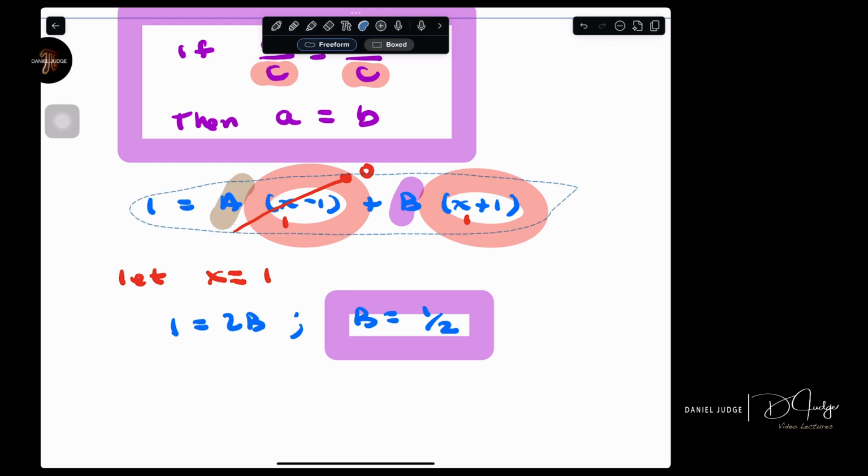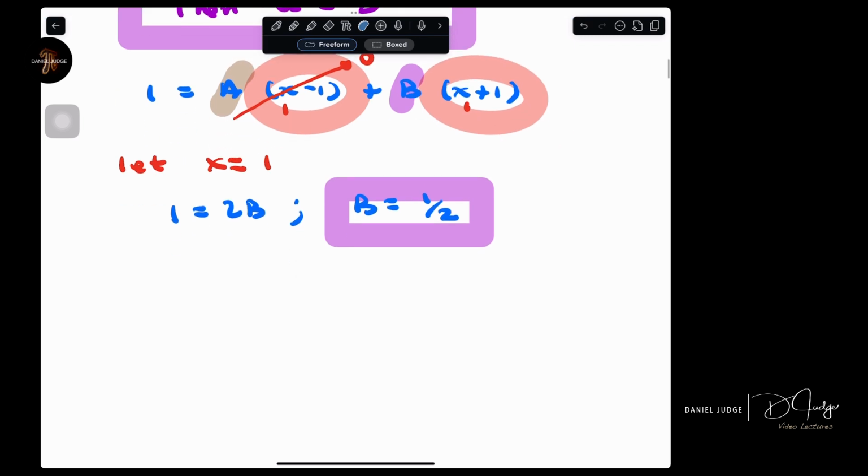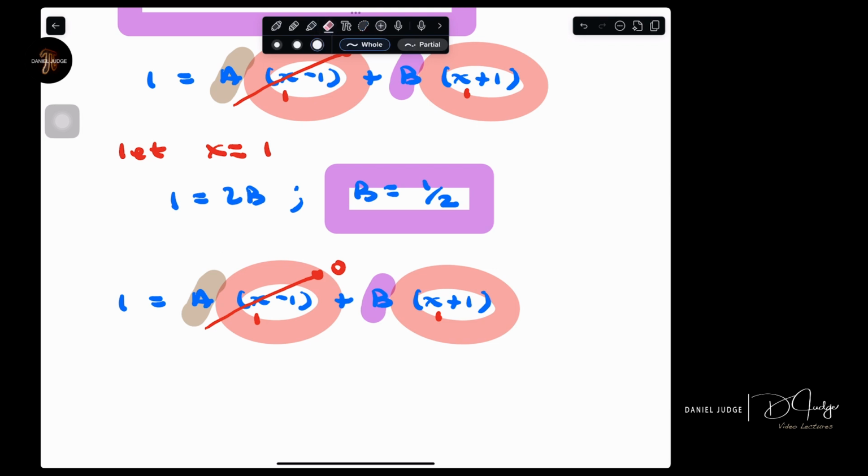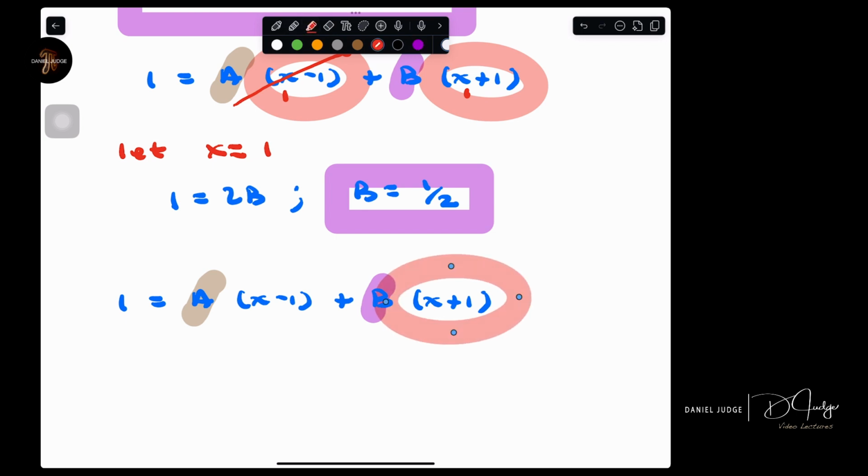Now, do this again. But this time, the value of x you want to use will be to zero out this linear factor. So if x is -1, we're going to let x be -1.